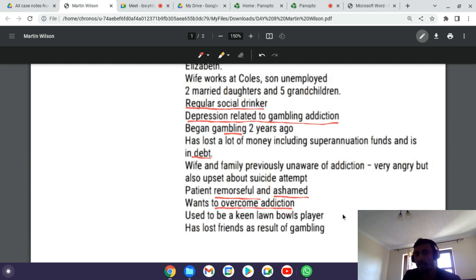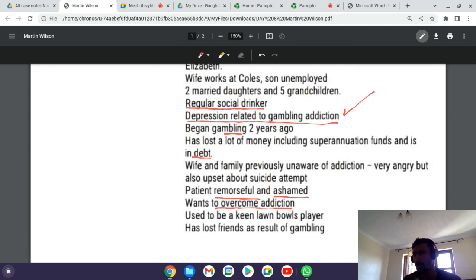Okay, what addiction are they talking about here? Yes, so this is the one. So that means you have to be careful while selecting and clubbing the information for that particular thing. Okay, used to be a keen lawn bowler.